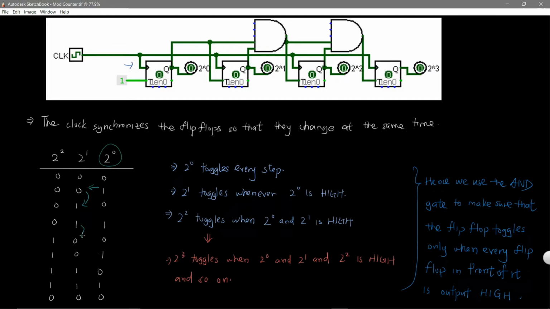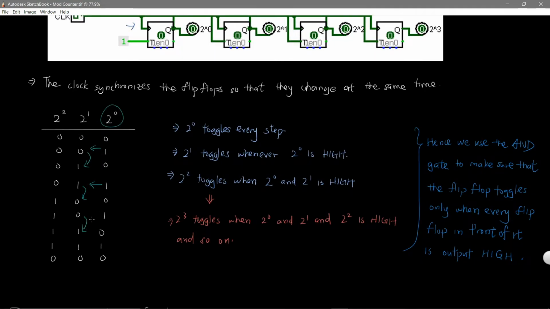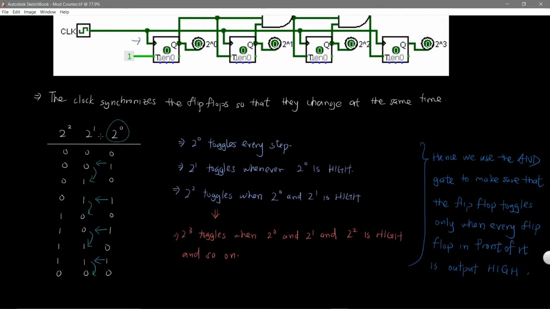You see, it toggles only when this one is high. And further observe, we can see that this one toggles only when both are high. So how do you ensure that it toggles only when both of them are high?